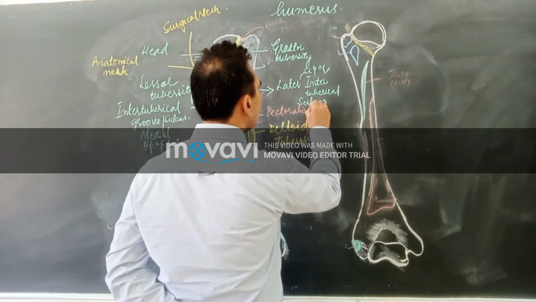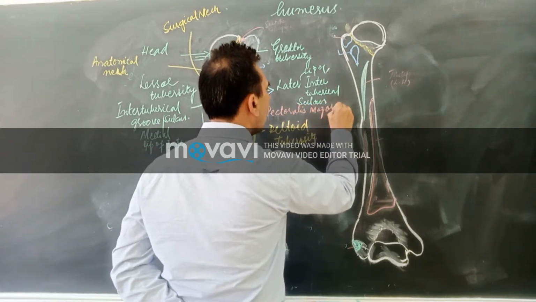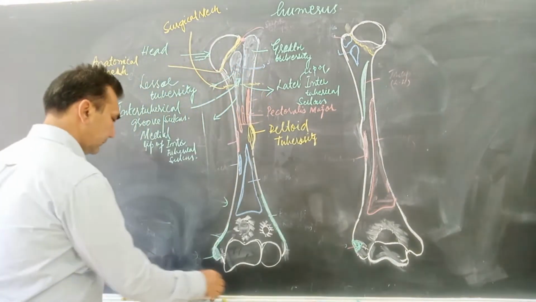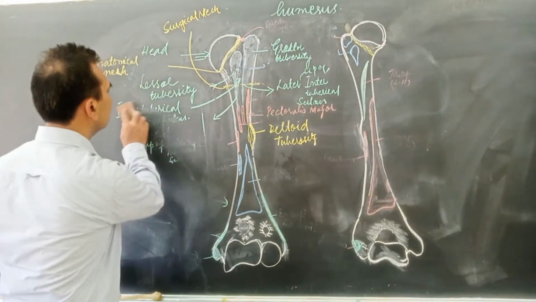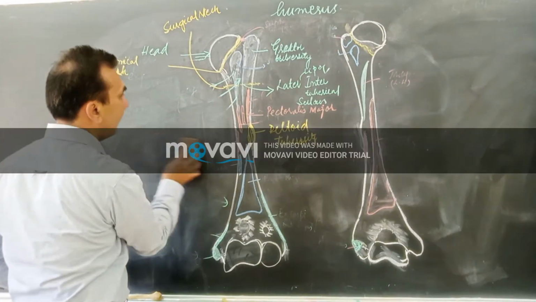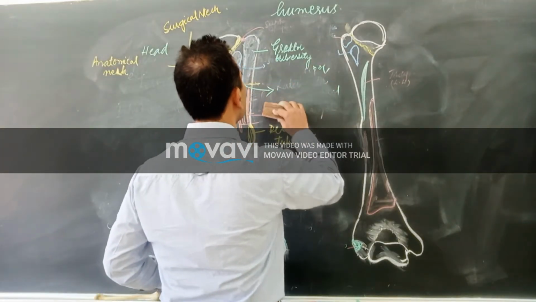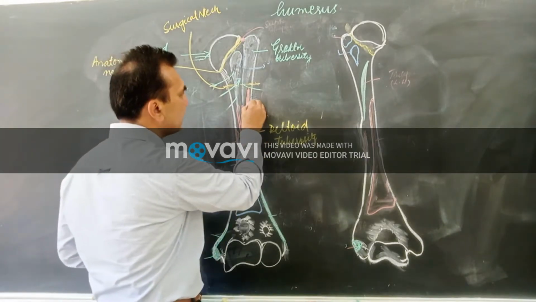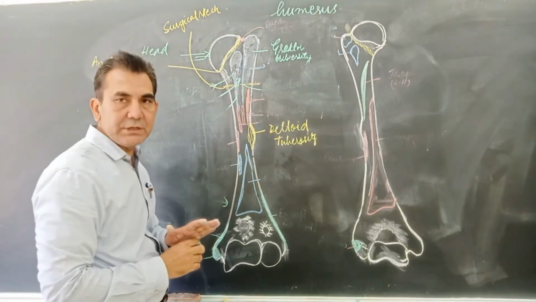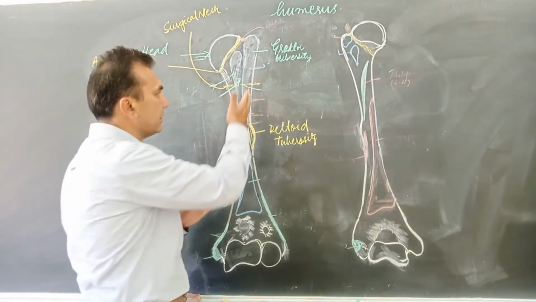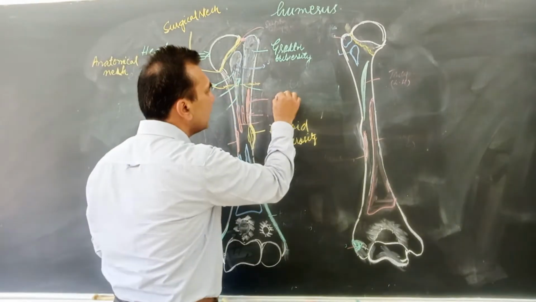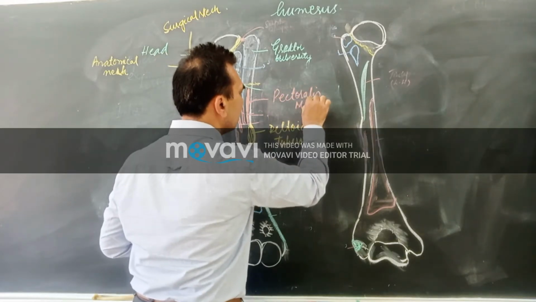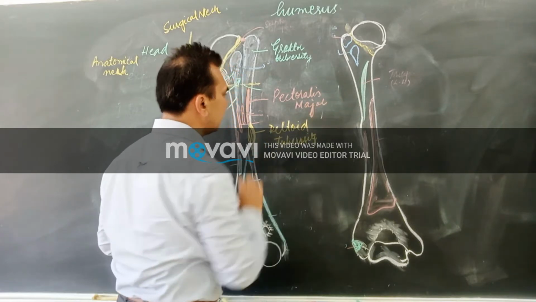It is a crest-like structure, and this structure is for the attachment of the pectoralis major muscle.